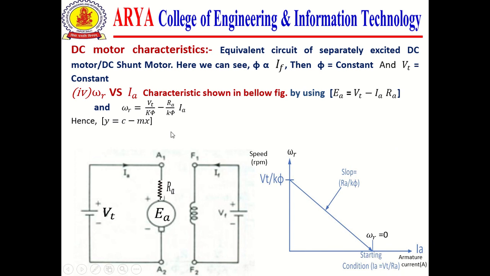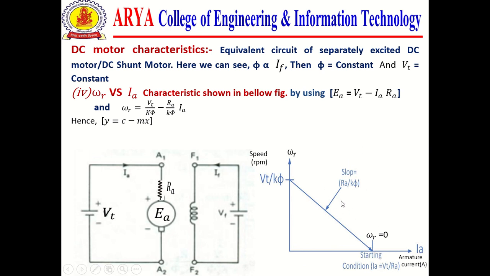If x equal to 0, then C equal to y, so omega r equal to Vt upon K phi. If we increase the armature current, the speed decreases.